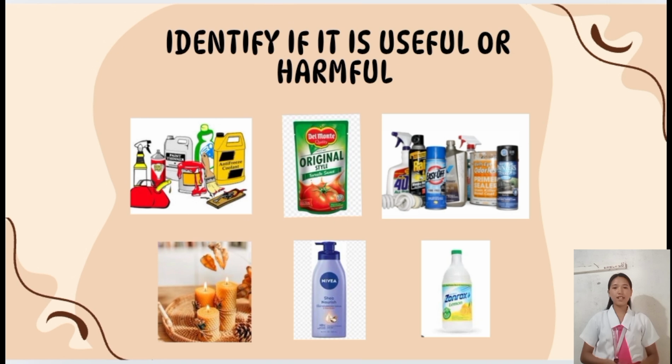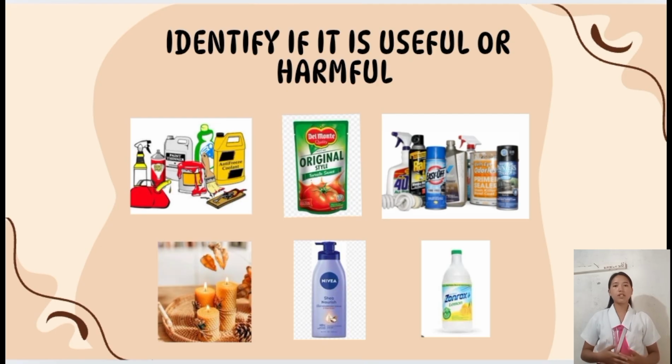Harmful. In the second picture, can you identify, Lopez, if it is useful or harmful? Okay, thank you. Useful. And the next picture, can you identify, Tumulak? Okay, thank you. Harmful.